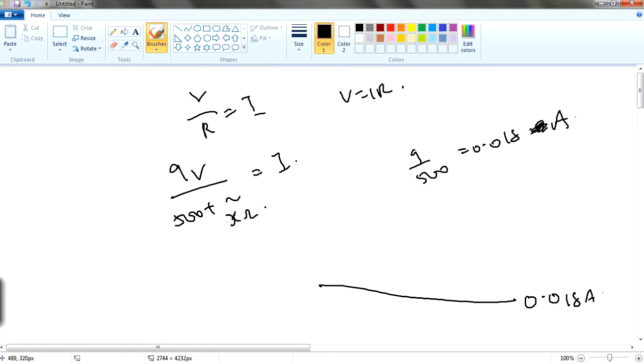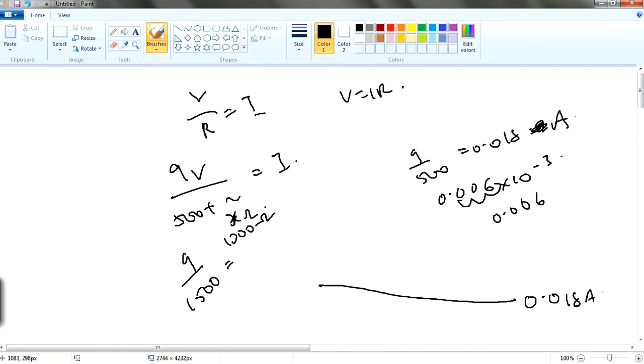So if your resistance is going to increase, let's say 1000 ohm, so 9 volt divided by 1500, what do you have? I calculate myself, okay? You have 6 times 10 to the power of negative 3, which is 0.006. So 0.006 is maybe somewhere over here. This is the range, so you are going in this direction.